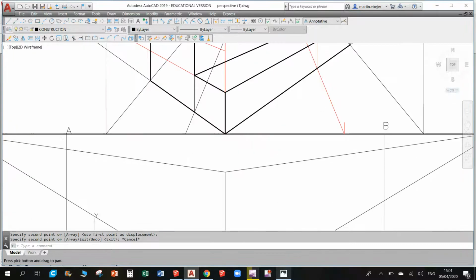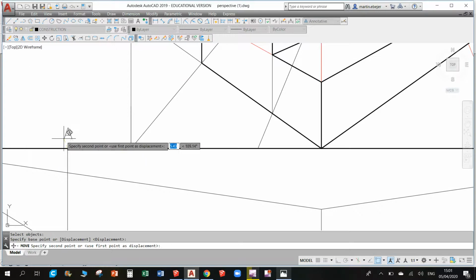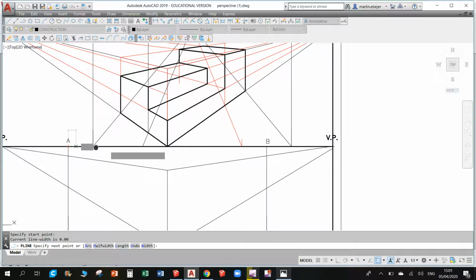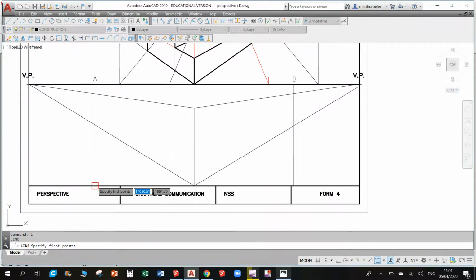We need to find the midpoint between A and B. So from here we're going to draw a line until we reach the midpoint.